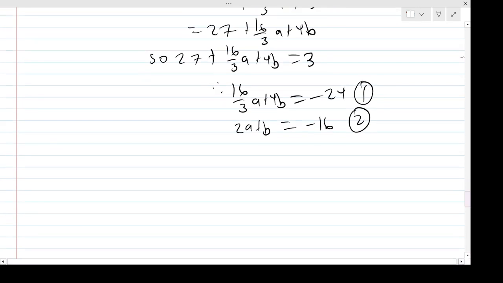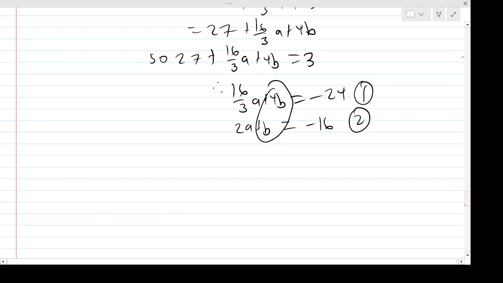But anyway, to solve it, I could use elimination, or I could substitute, that's fine. If I do elimination, I need to match either the a coefficient, which is going to be quite awkward because we've got a fraction here and just 2. But b should be a lot easier to match.